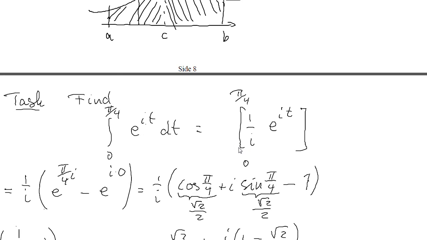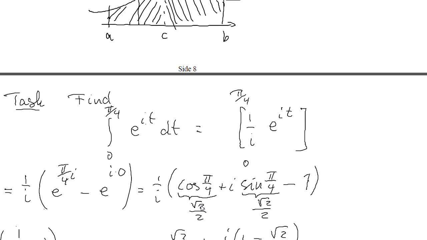So inserting the limits 0 and pi over 2, we obtain this expression. And recalling that the exponential function of some real angle multiplied with I is equal to cosine of this angle plus I sine of this angle, we obtain this.